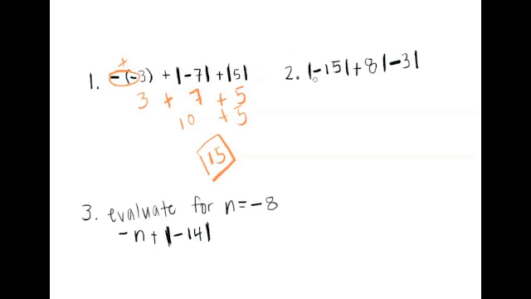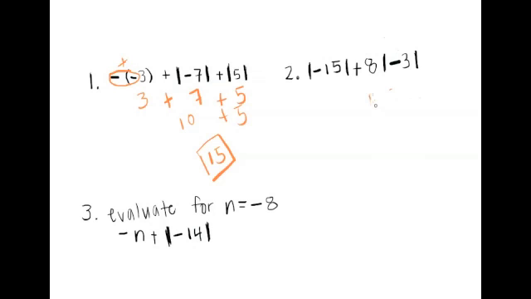Okay, let's look at this one. I have the absolute value of negative 15 plus 8 times the absolute value of negative 3. The tendency that some people have is they see this 8 times negative 3 in an absolute value and they want to distribute. But I don't want you to do that. I don't want you to distribute first. Even though the answer is going to yield the same thing whether we distribute or not, I don't want you to get into the habit of that because later on it's going to mess you up.